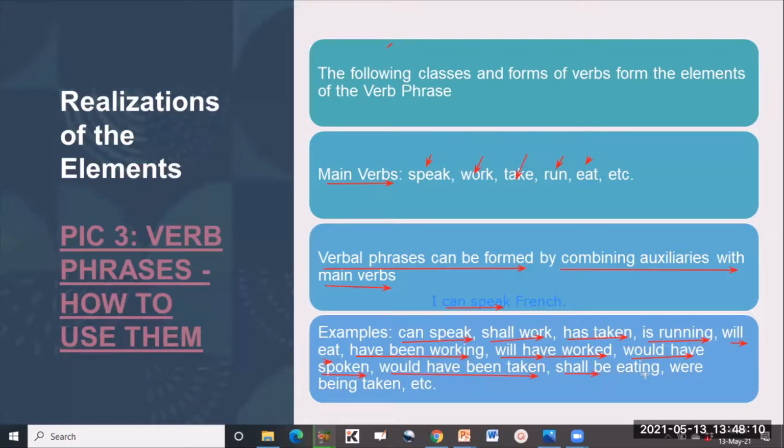Shall be eating: we shall be eating a native meal at Grandma's place this evening. We shall be eating. We are being taken.